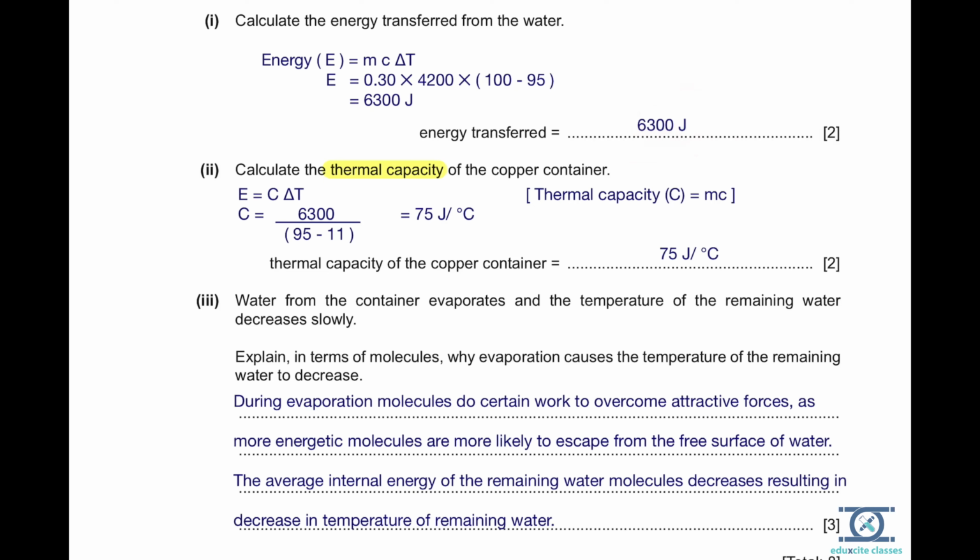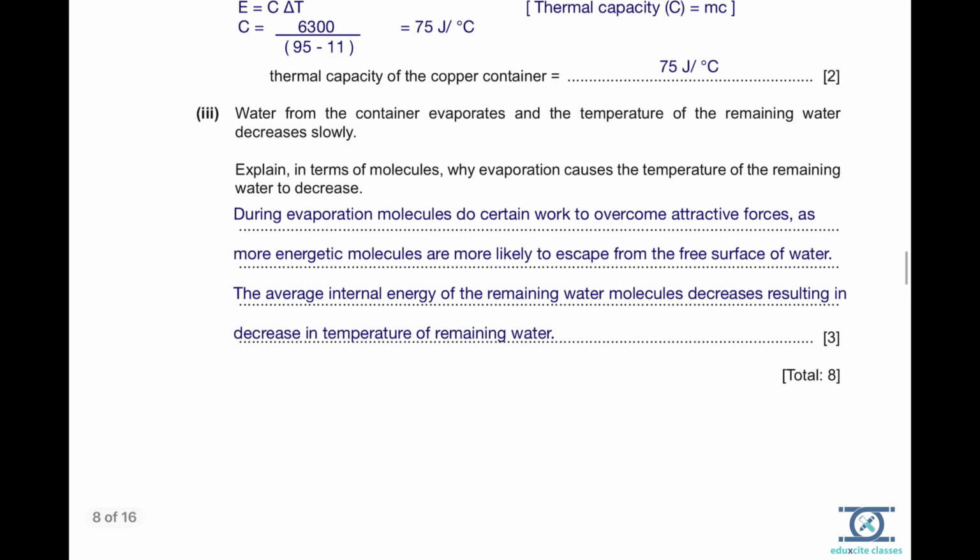So it has absorbed the energy from the water to raise its temperature. This energy will be equivalent to the energy transferred to the copper container. That is why we have taken E as 6300 joules. So by solving we get the capital C, thermal capacity, as 75 joules per degree centigrade.